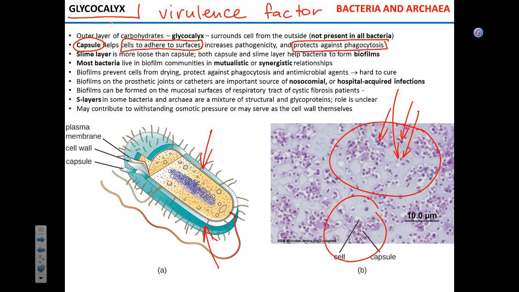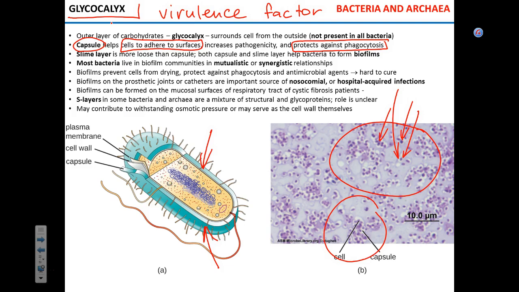And here's the link to what we talked about. I told you about the protein expression, right? Capsule, a layer of carbohydrates. What produces carbohydrates? Enzymes. Enzymes are proteins.